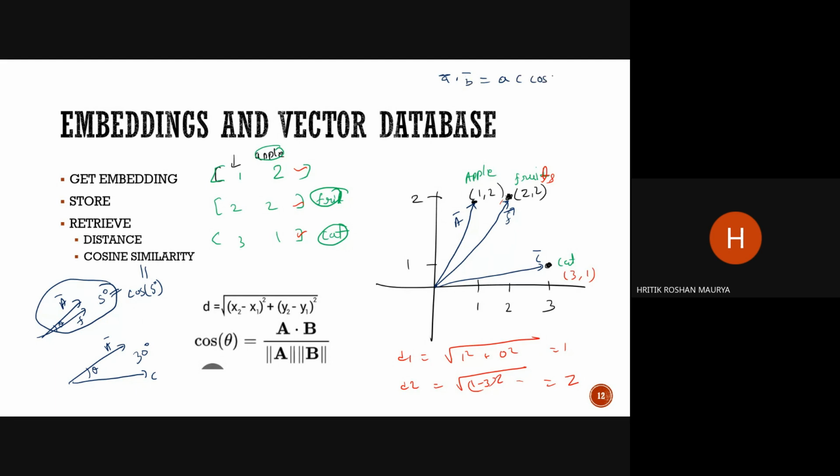So cos theta can be calculated as A vector dot product with B vector, divided by the magnitude of A and magnitude of B. If you go to linear algebra, this is known as dot product and this is known as norm. Is this basic fundamental clear?